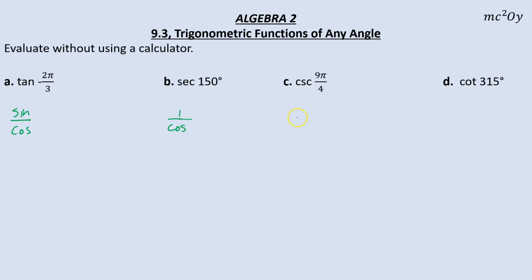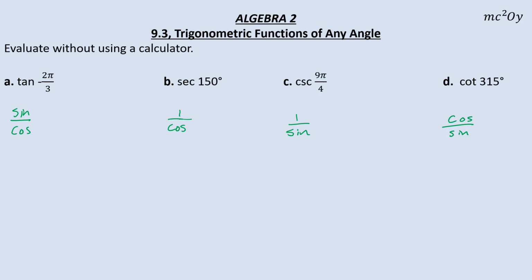Cosecant is the same thing as 1 over sine. It's the reciprocal of sine. Cotangent is the same thing as 1 over tan, but we know tangent is sine over cosine. Okay, so you could think of cotangent as the reciprocal of sine over cosine, or cosine over sine.